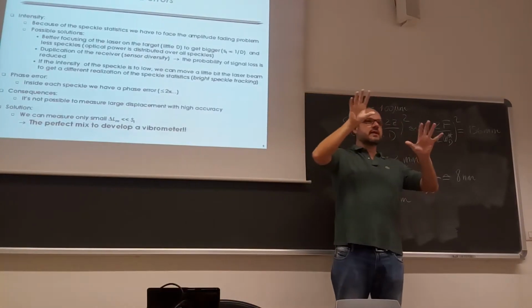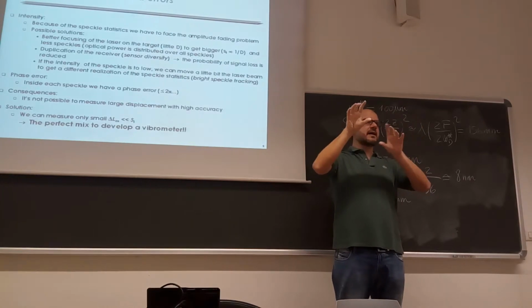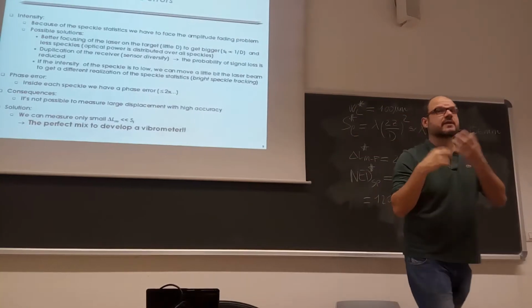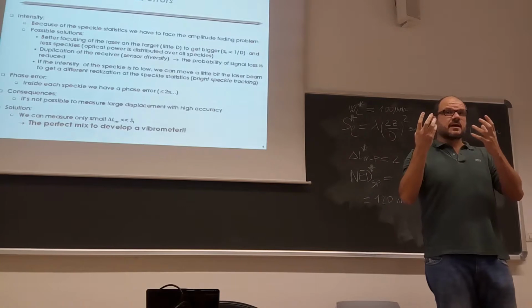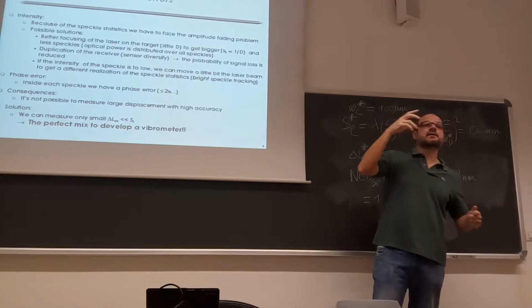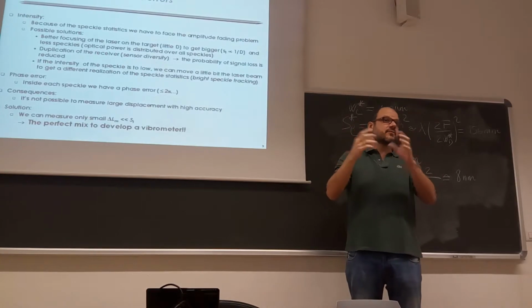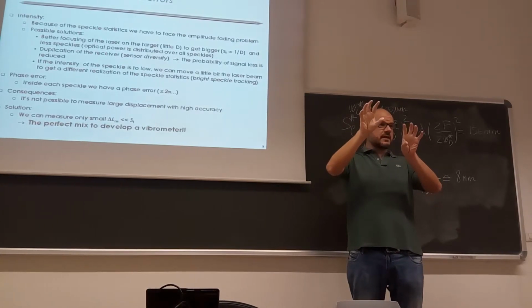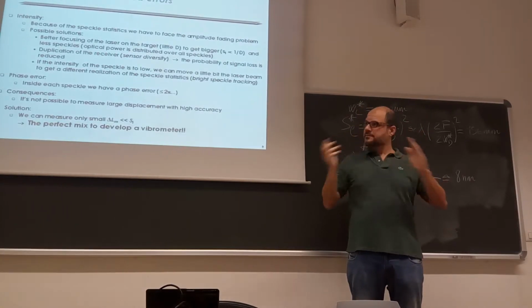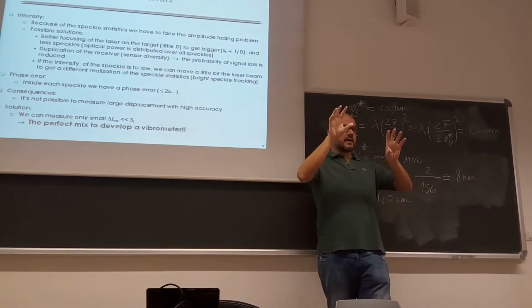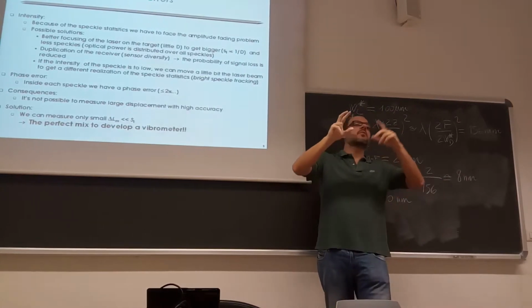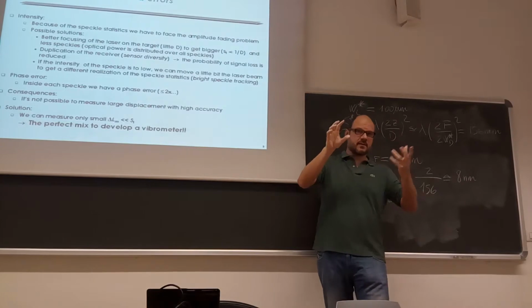So we have two photodiodes that are able to build up an interferometric signal. If we have just one, the probability to get, let's say, a dark speckle is higher than if we have two photodiodes. Okay? With the second one, it is more probable to work with a bright speckle.